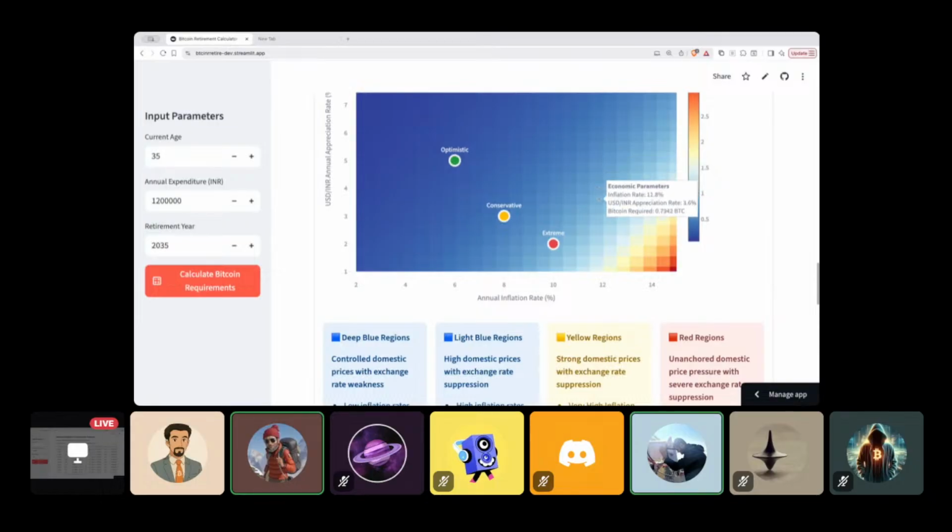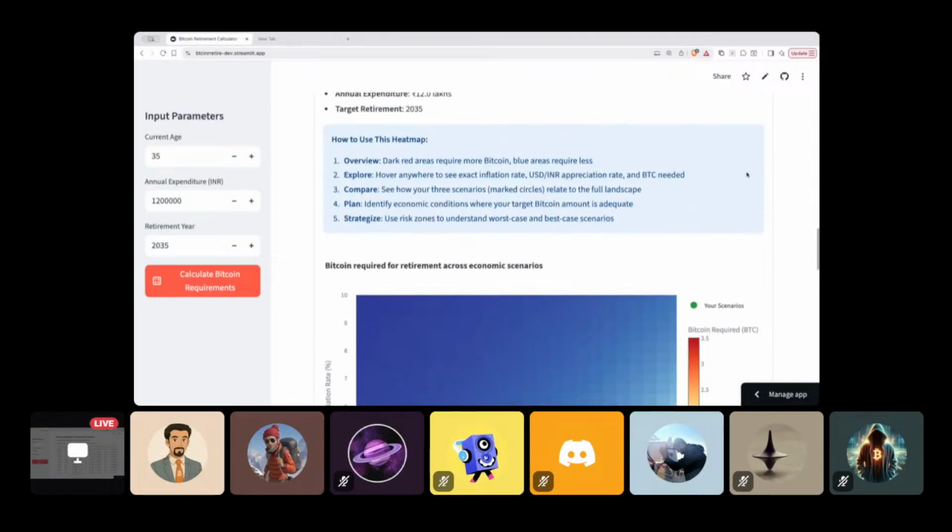If you want to be very aggressive, then I would say pick 12 and 2%, and you are looking at 1.3 BTC for requirement. And if you set this as a target and go about acquiring it as quickly as possible, then you're set.